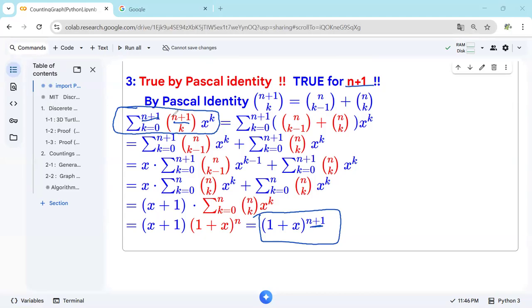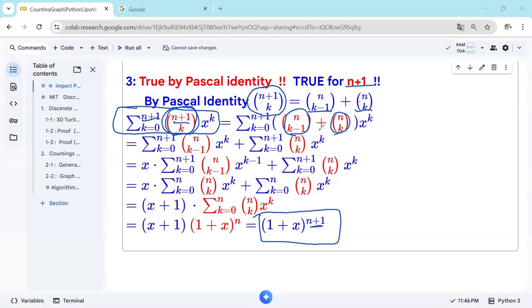Now, this red one, n plus 1 choose k, from Pascal's identity can be divided into two parts. So this red one can be replaced by this one.